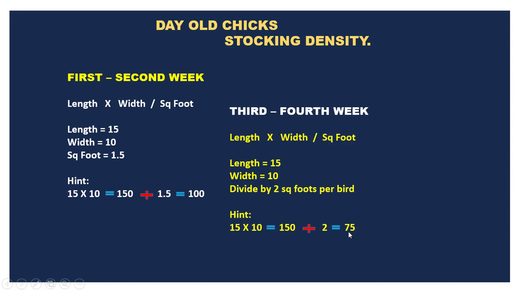So you buy 75 day-old chicks and then raise them to 4 weeks in one particular space. But in a situation where you have enough space, then you can buy 100, and once they grow out to the third week, you then spread them out into the grow out pen.